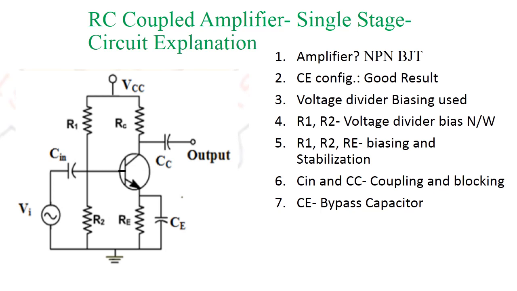The next capacitor is CE, bypass capacitor. It is used to bypass the amplified AC signal at the emitter terminal.